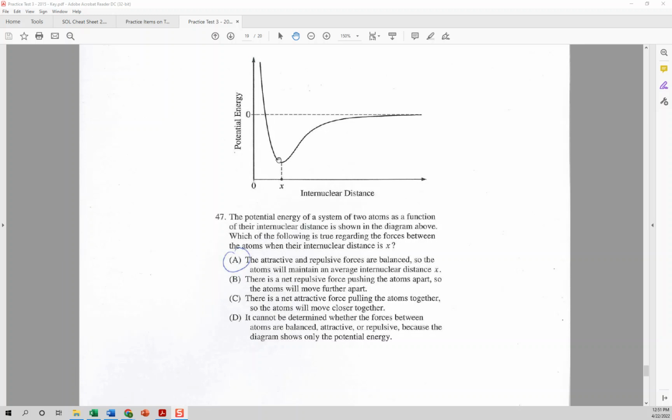But then if they get too close to each other, now you get that repulsion from the nuclei from each other. So this is the sweet spot. So right here would be the bond energy, and right here would be the bond length, and the attractive and repulsive forces are balanced so that the atoms will maintain an average internuclear distance, which means bond length. So right there. All right.